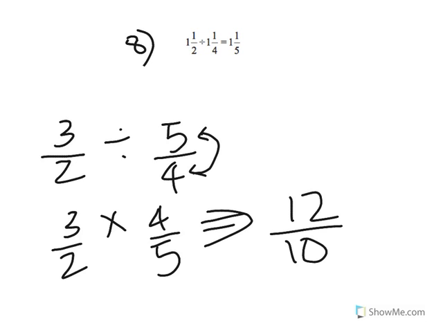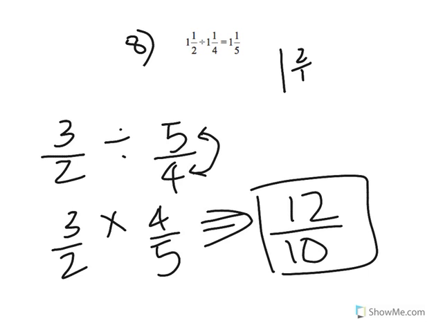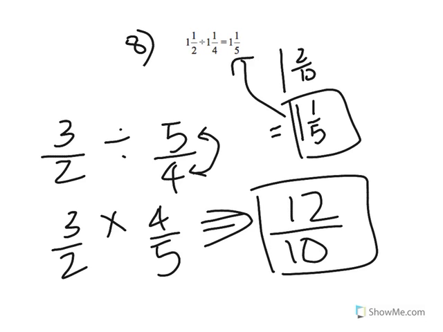Now, 12 over 10, you need to convert it into a mixed number. So 10 goes into 12 one time, and that means you'll have a remainder of 2 over 10. And 2 over 10 is nothing but 1 over 5. And so that is equal to this over here. So you've proven it.